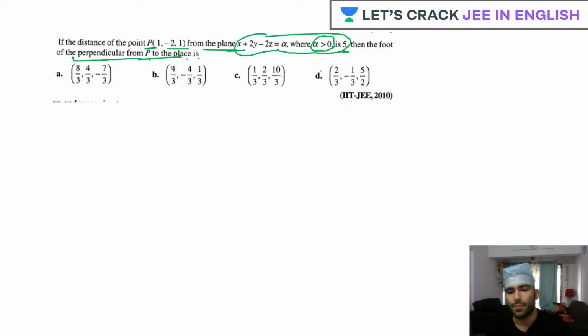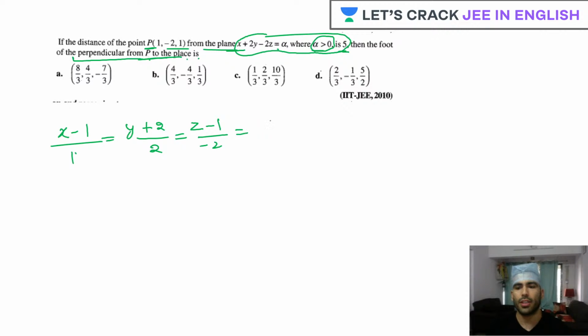So to find the point, we write (x - x1)/a, so (x - 1)/1 = (y + 2)/2 = (z - 1)/(-2), which is equal to minus times (a x1 + b y1 + c z1 - alpha) upon a square plus b square plus c square. So 1 - 2 - 2 minus alpha, upon a square plus b square plus c square. Now we need to write this value.